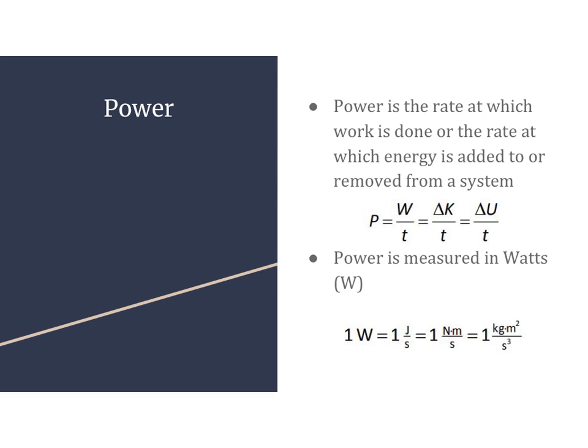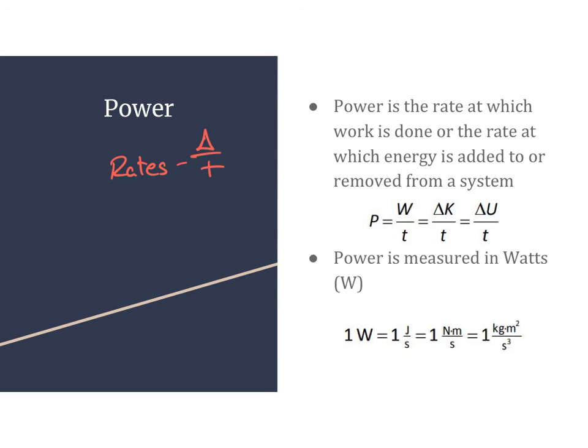Now, the last piece of this puzzle as it relates to energy is power. And a lot of the physical quantities that we talk about in physics are rates, so changes in some value over time.